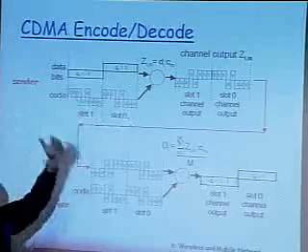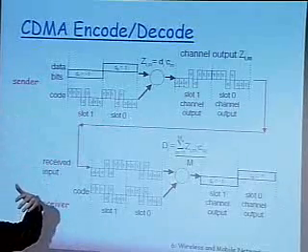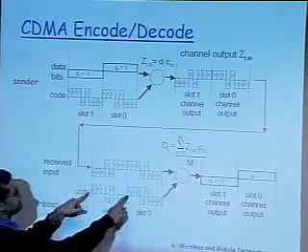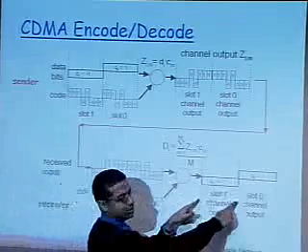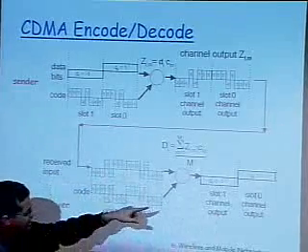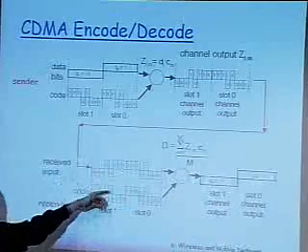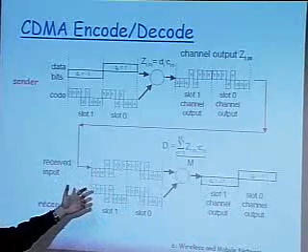So your code is operating at a frequency, let's say, 8 times your data frequency. In this whole slot, you only transmitted one data bit, but to transmit that one data bit, you have to transmit these 8 bits of your code.